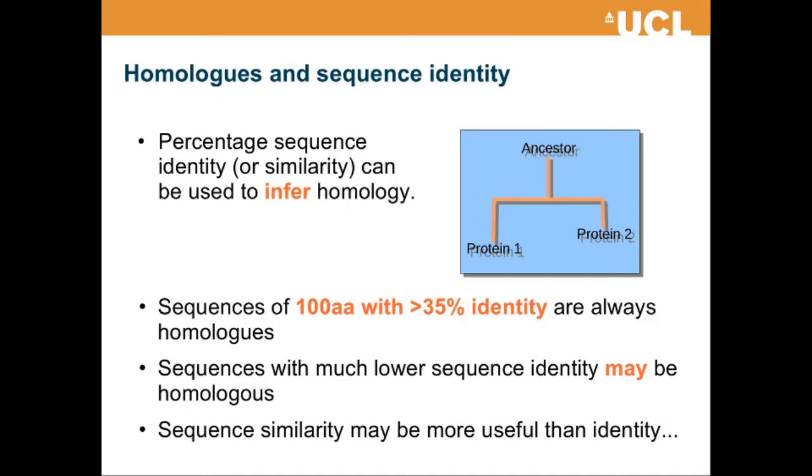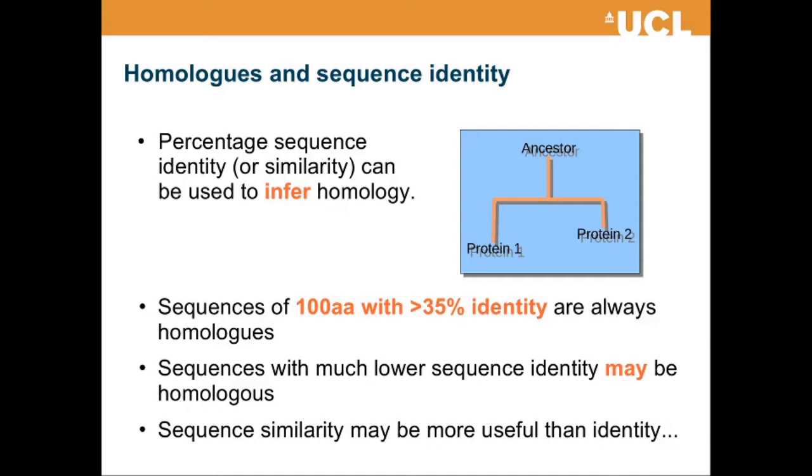As I said, we can look at the percentage sequence identity or percentage similarity between two proteins, and that can be used to infer whether they are homologous or not. So sequences of at least 100 amino acids in length with at least 35% sequence identity are always homologues.